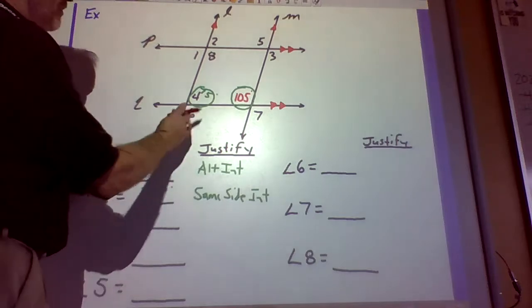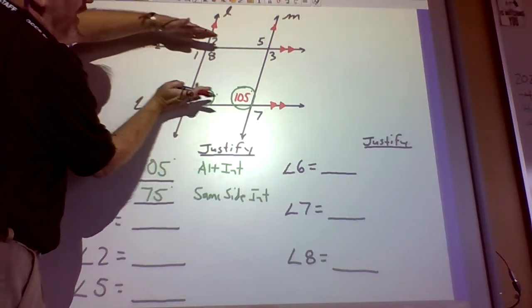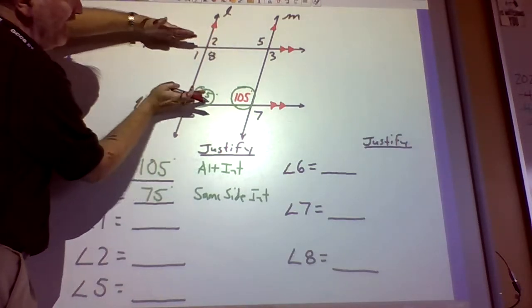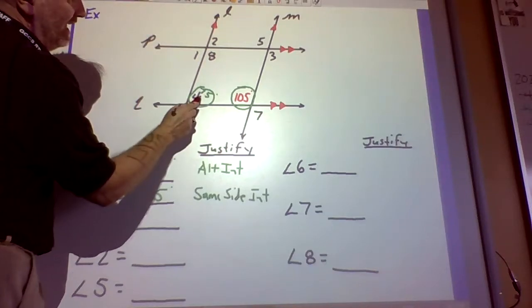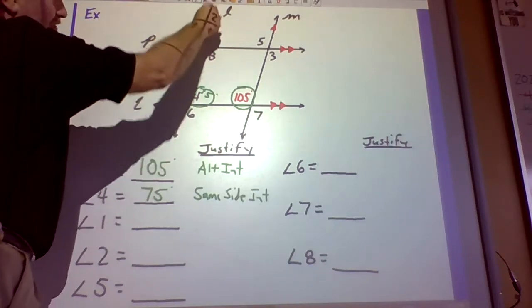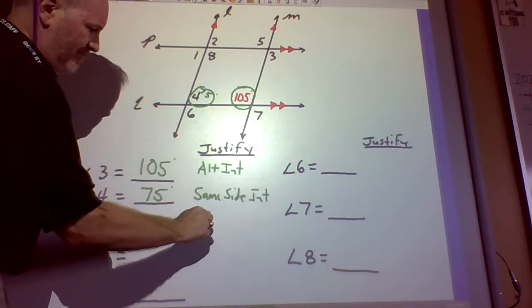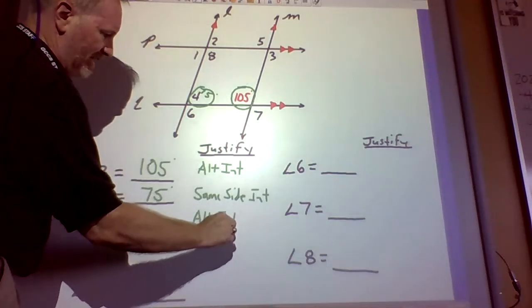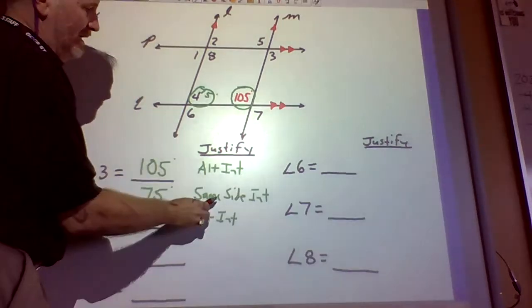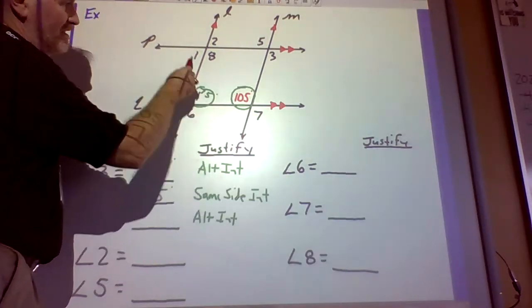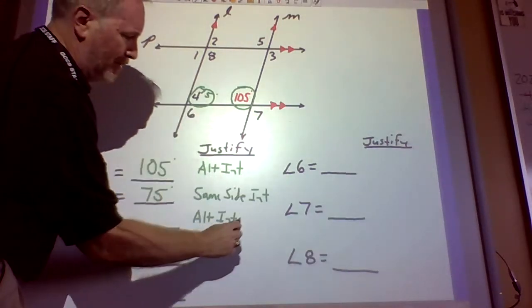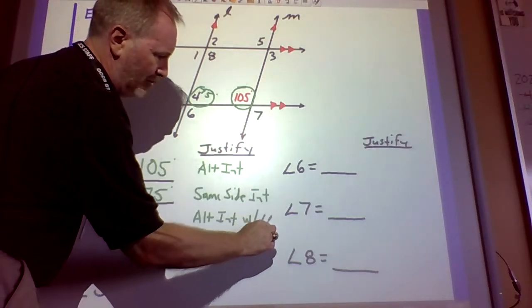He's a 75, and this guy can make the jump to angle 1. And again, if I'm talking about angle 4 and angle 1, they are inside. And again, they're on alternate sides of the transversal. So this is an alternate interior relationship. But it's not with the 105, it's alternate interior with angle 4.